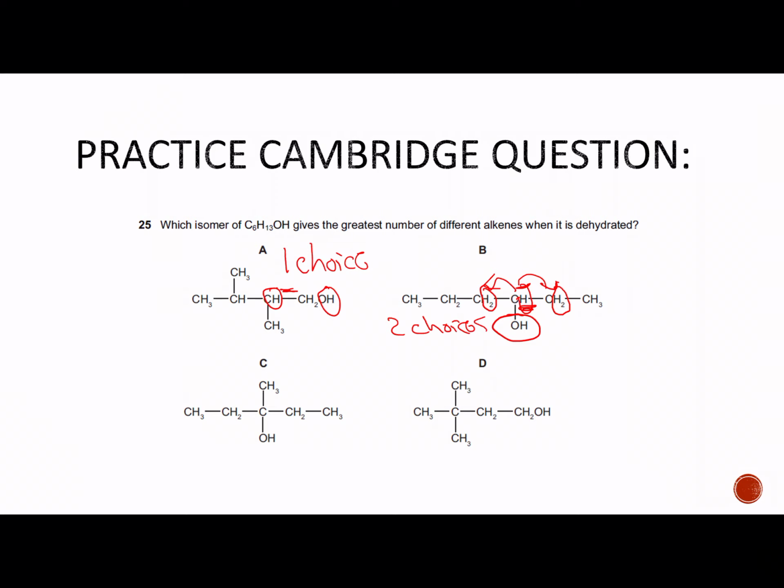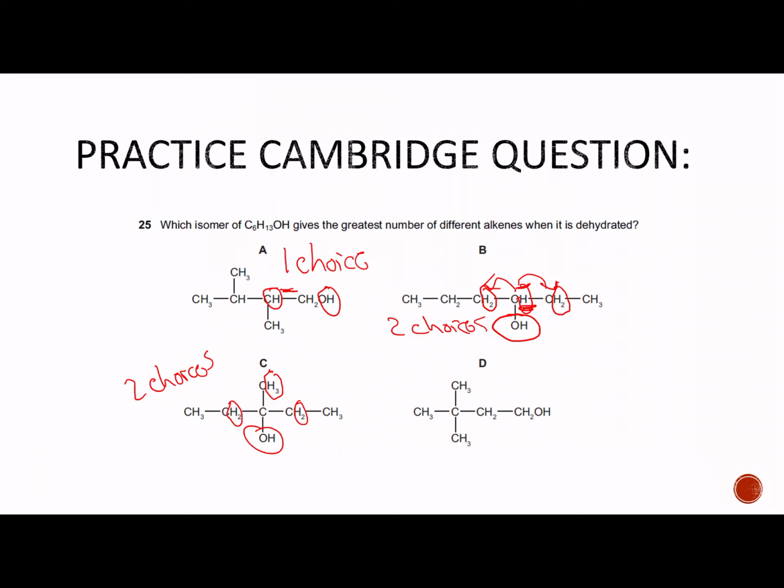Let's take a look at C. We could take away the hydrogen here. We could take away the hydrogen here. But because this molecule is symmetrical, taking away the hydrogen here would be the same as taking away the hydrogen here. So that would also be two choices.